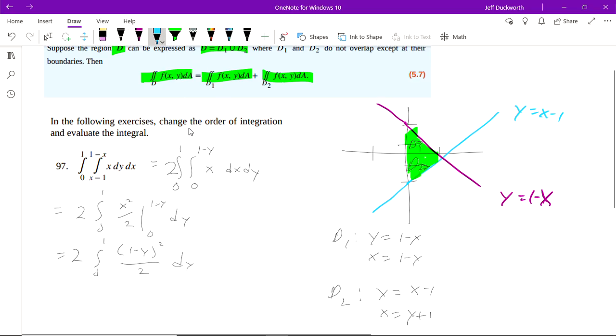We can let u equal 1 minus y, which makes du equal to negative dy. So here we're going to have negative 2, and then this is going to be 1 minus y cubed. Actually, we'll pull out the 2 as well. This is going to be over 3, and that's evaluated from 0 to 1.